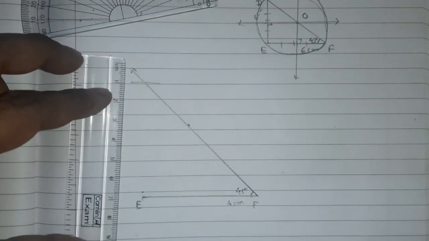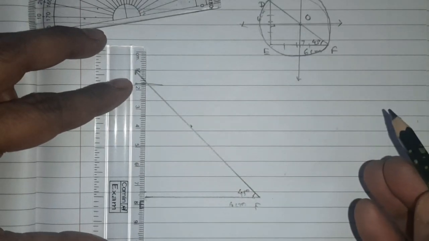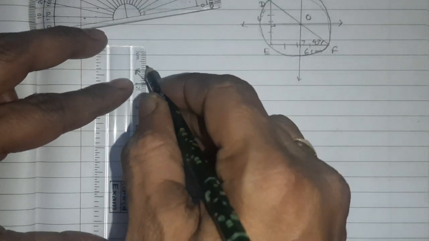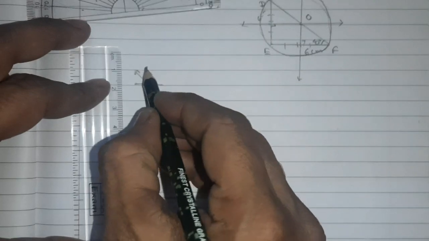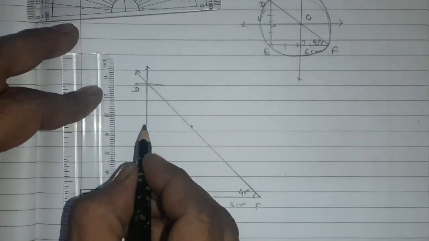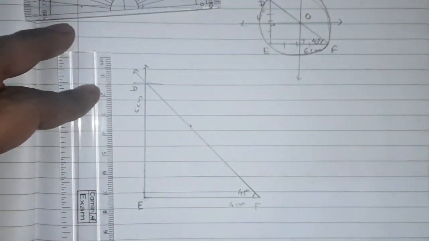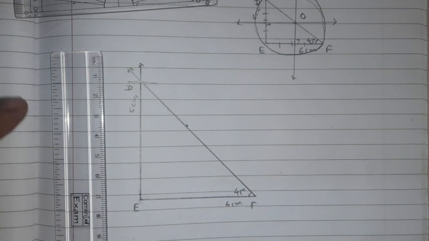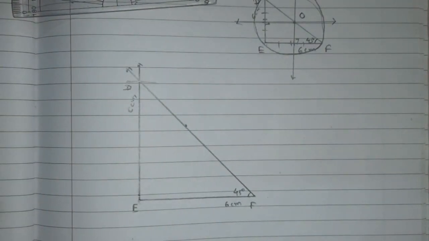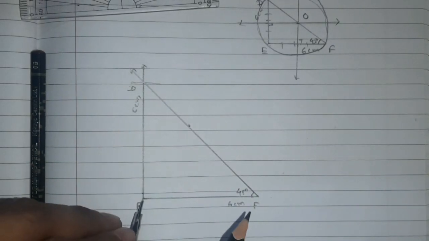And this is our point D is here. This is point D. It is 6 centimeter. Now, dear student, we have to draw the perpendicular bisector of two sides to construct the circumcircle.